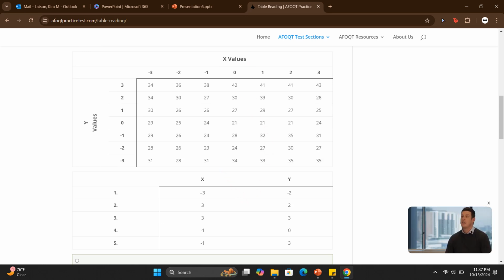Pretty easy. I'm going to leave this one blank because it's pretty self-explanatory. You just go with -3, -2, 28; 32, 24; 33, 43; 1, -1, 0, which is right here, 24; -1, 3, right here, 38.